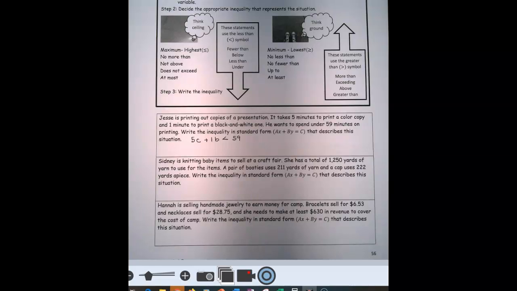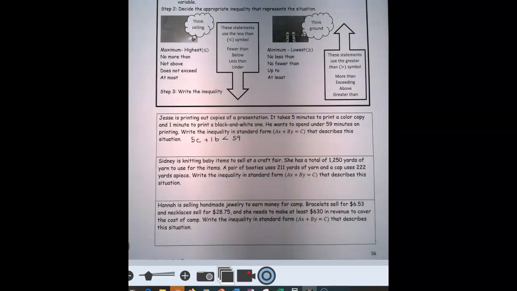So let's look at the second one. Sydney is knitting baby items to sell at a craft fair. She has a total of 1,250 yards of yarn to use for these items. A pair of booties uses 211 yards of yarn, and a cap uses 222 yards apiece. Write the inequality in standard form ax plus by equals c that describes the situation.